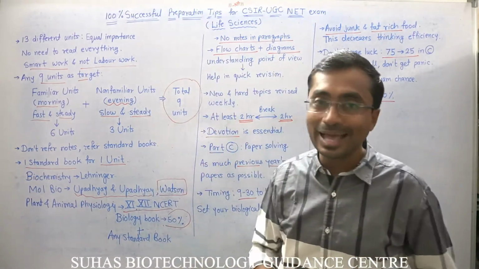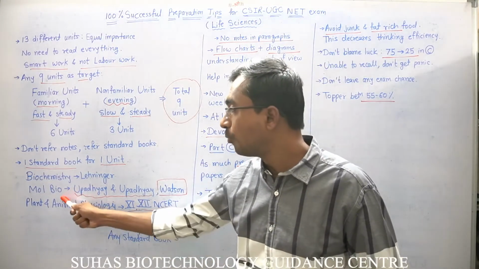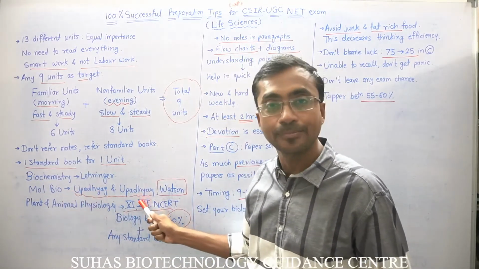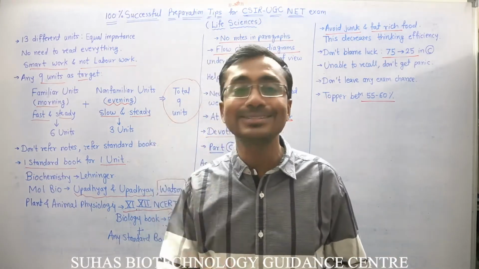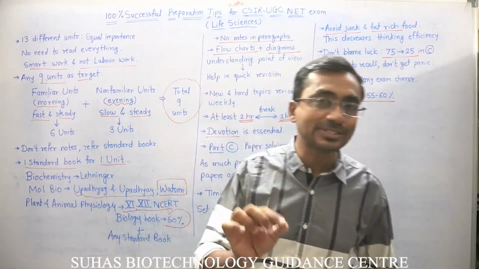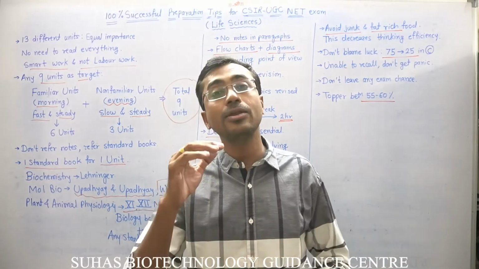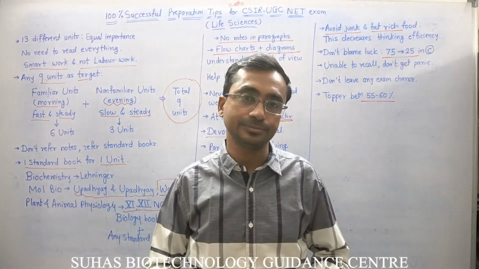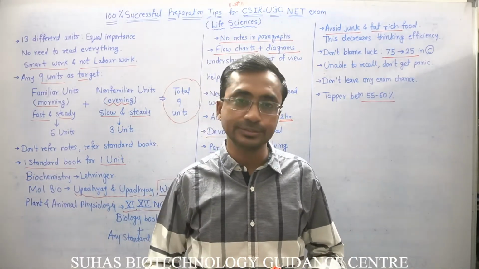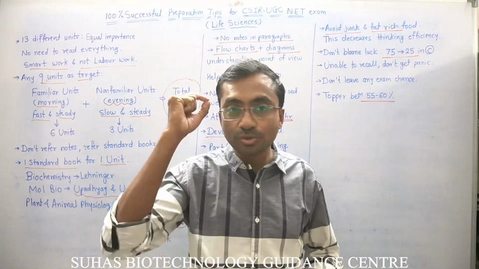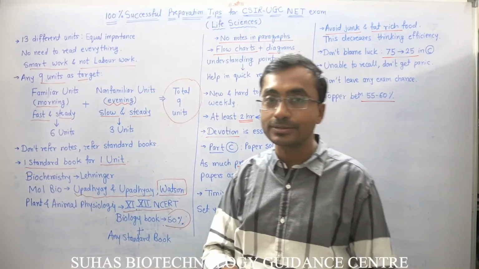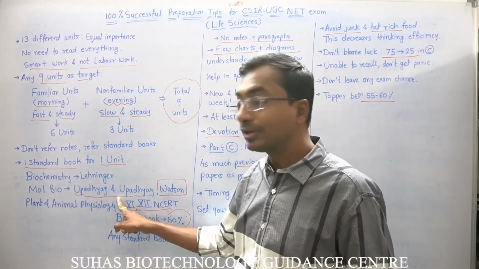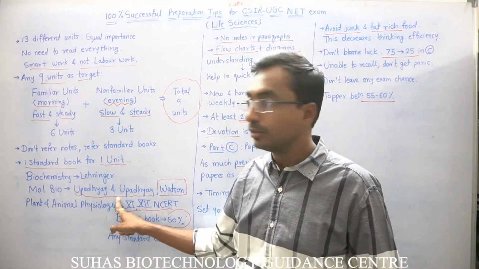Other than that, I will refer to one more book, Molecular Biology by Upadhyay and Upadhyay. This book is designed in such a manner that most topics start with a question mark and end in a question mark. As a result, it makes you think and analyze, and that's why most topics you can cover through Upadhyay and Upadhyay also.